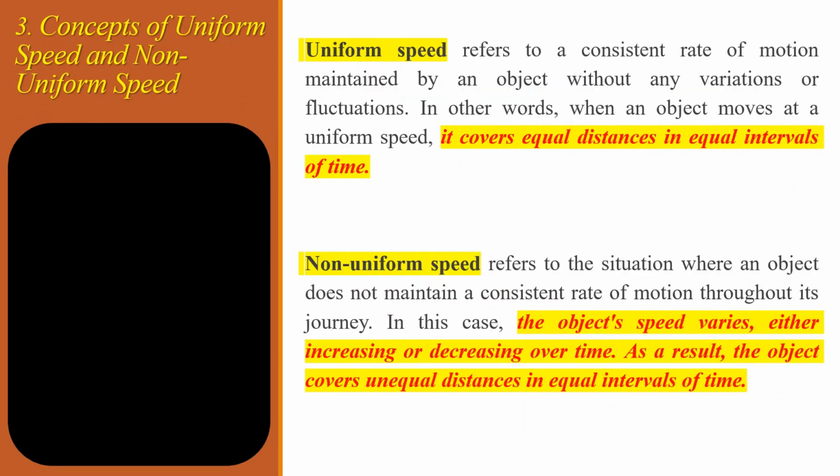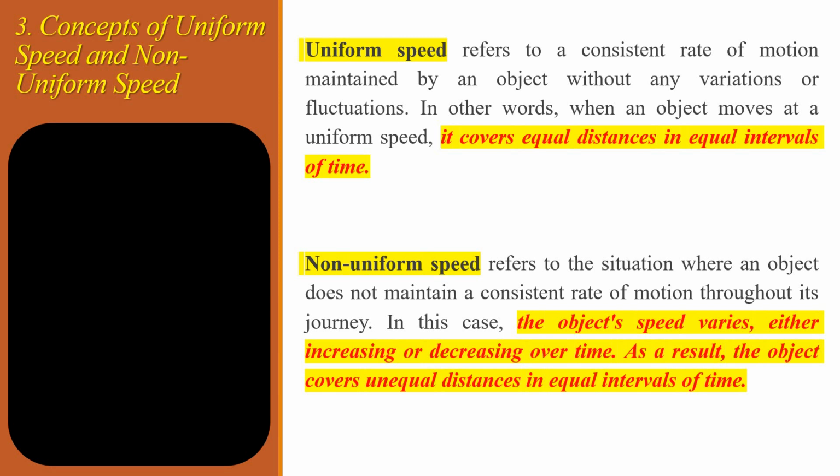Now the third concept, uniform speed and non-uniform speed. Uniform speed refers to a consistent rate of motion maintained by an object without any variation or fluctuation.